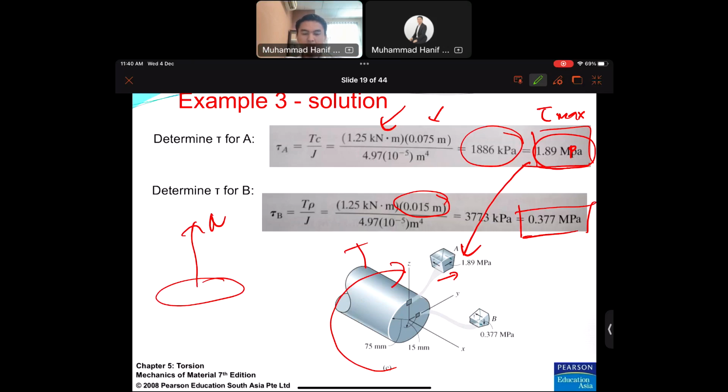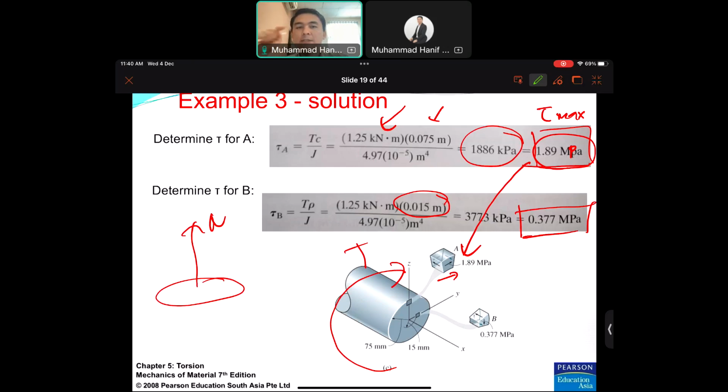I will start to cover the next subtopic, which is angle of twist in elastic range. So basically, angle of twist is a strain. Okay, it is shearing strain. For this case, a shearing strain. For axial load, it's called a normal strain. Normal strain is not an angle, it's a deformation in length or changes in length.